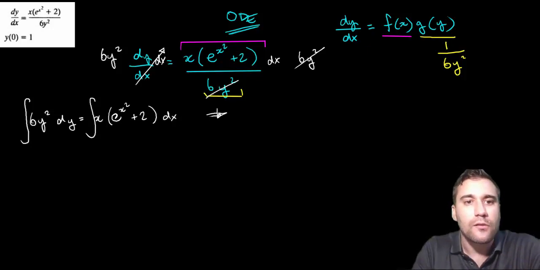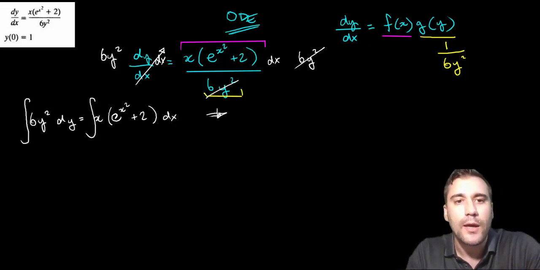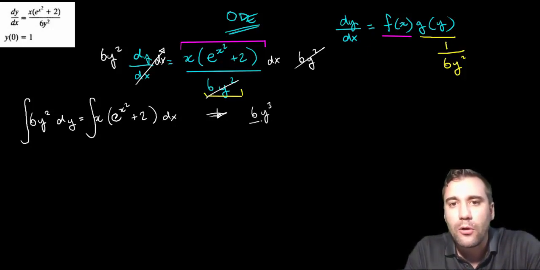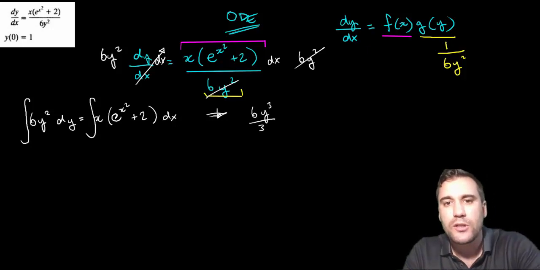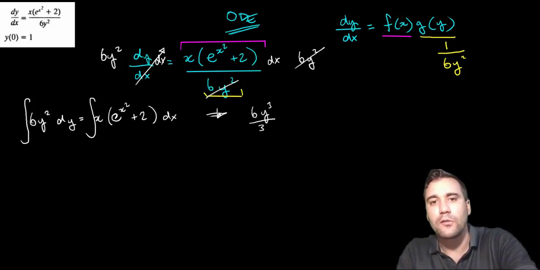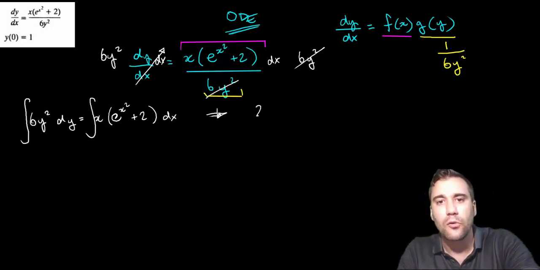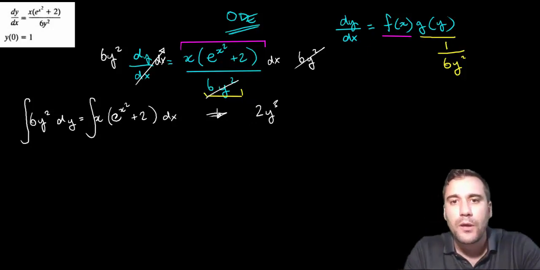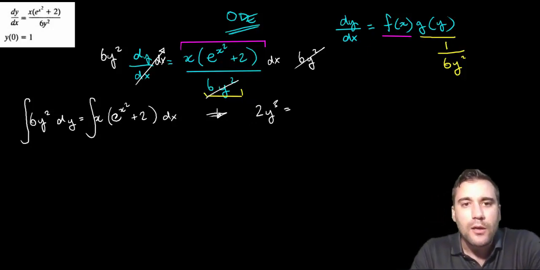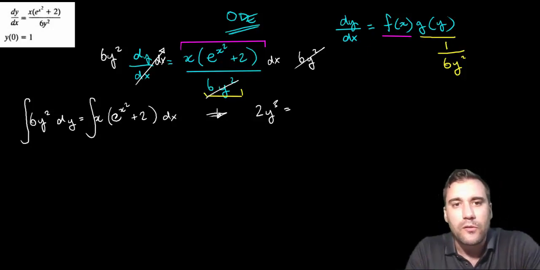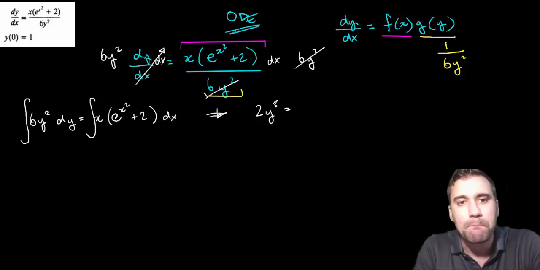So what we're going to get is the integral of 6y squared dy is going to be 6y cubed on 3, which is really the 6 on 3 simplifies to 2, so we can just say it is 2y cubed. And now the integral of this business on the right hand side with respect to x, that's a little bit trickier, so we may have to do some u substitution there.